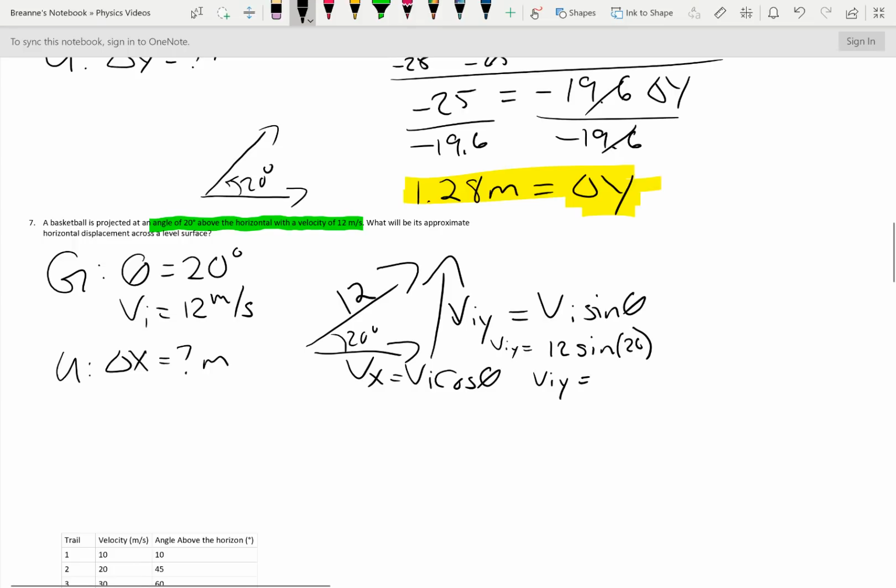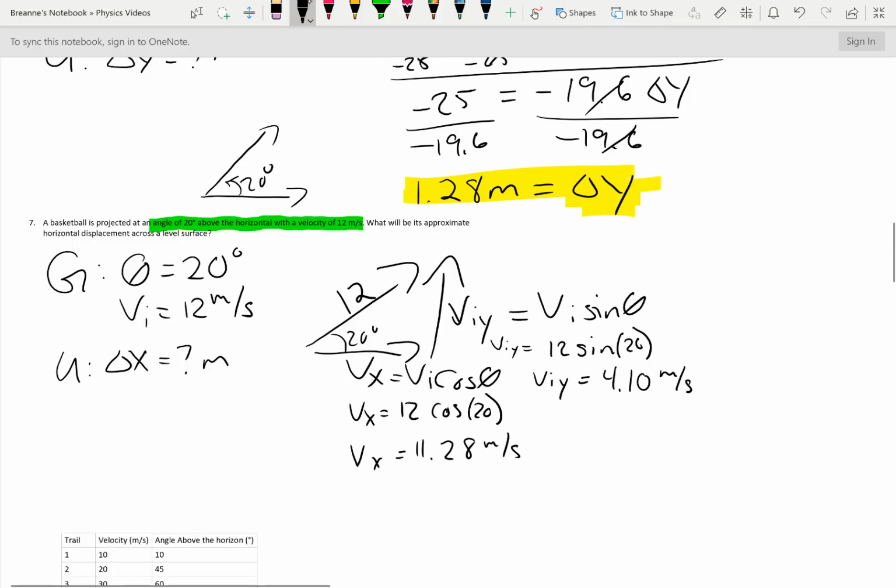So you get our initial velocity in the y to be 4.10 meters per second. Our velocity in the x would be 12 cosine of 20. And that will get you 11.28 meters per second. So that's our velocity in the x. That is our initial velocity in the y.